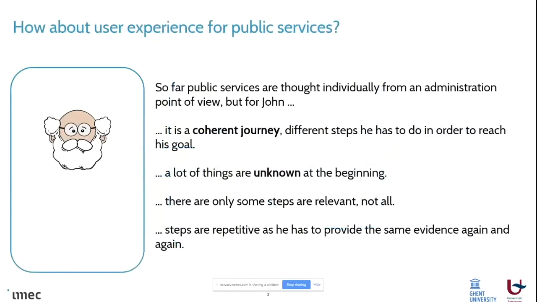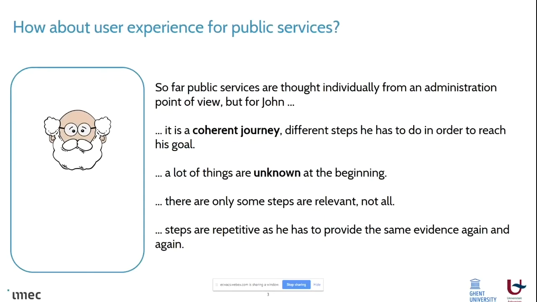So why do we have to do something at all? What is the current user experience of public services? From a governmental perspective, we heard the term already quite often. It's very document-based. So often you have some forms you have to fill in, and then you have other forms to fill in and other forms to fill in. And this can be very repetitive because we also have to provide a lot of information over and over again.